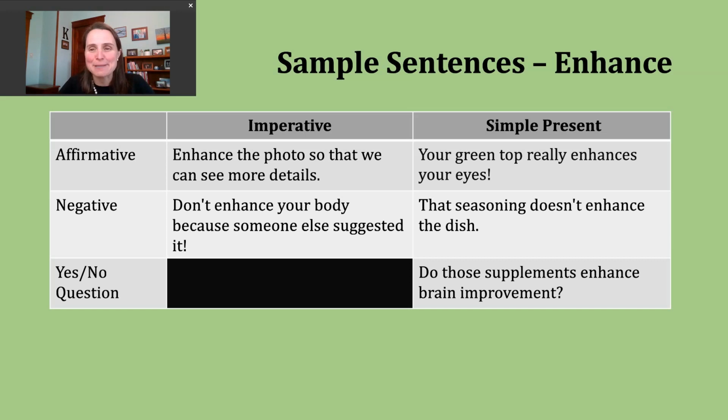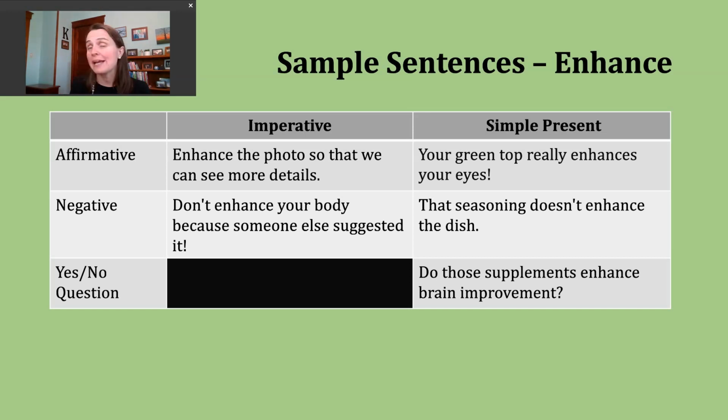We use the simple present to talk about our habits and our routines. We also use it to discuss facts. And the thing that most of my students find the most difficult to remember about the simple present is how our verb changes based on what the subject is.